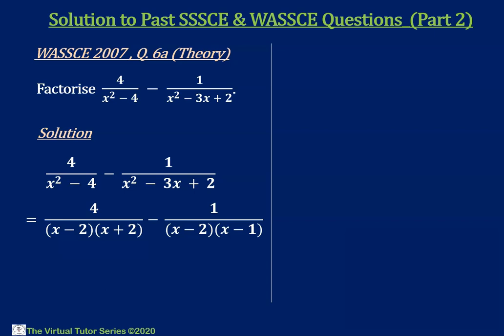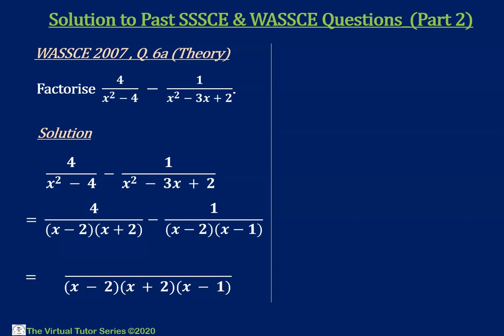So the LCM is then into bracket x minus 2 times into bracket x plus 2 times into bracket x minus 1. Now, let's express all fractions in terms of the LCM.